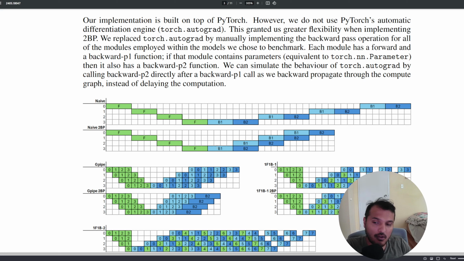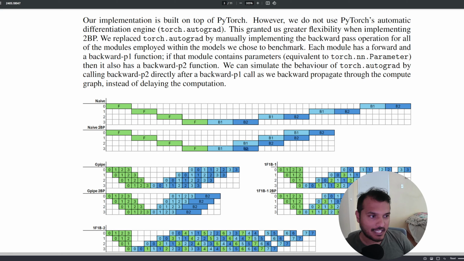Now, instead, what this paper proposes is that we compute the derivative with respect to activations, and then immediately pass that data to the next GPU so that it can start its derivative with respect to activations and not wait a whole cycle, while in parallel we compute the derivative with respect to weights. So that is the optimization.